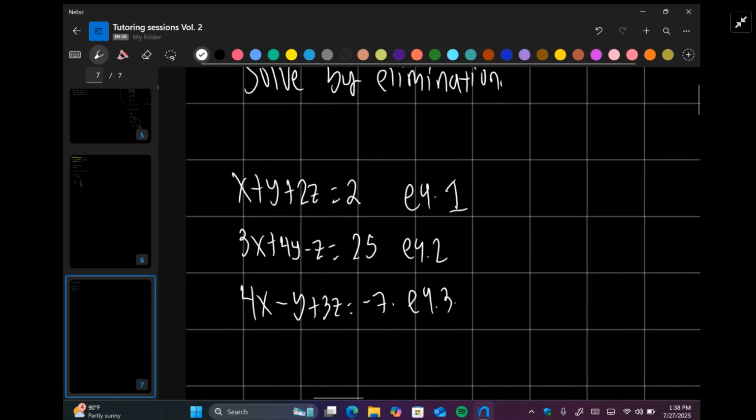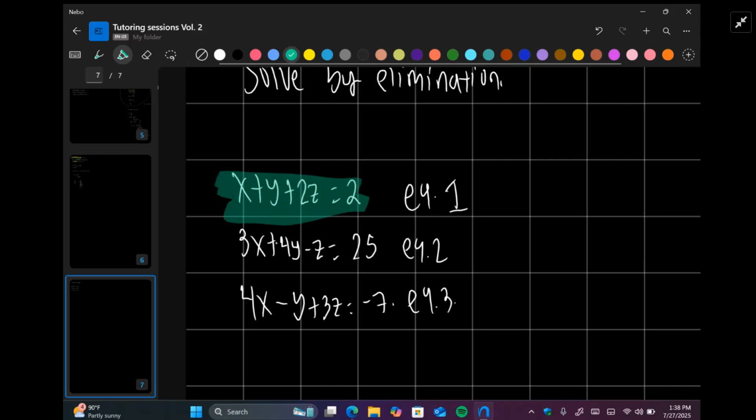You want to choose a variable that you can easily cancel out. In this case, I would say the y term is easy to cancel out. I'm going to grab equations 1 and 2 and rewrite them over here.